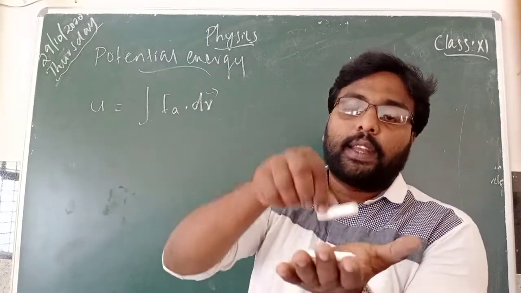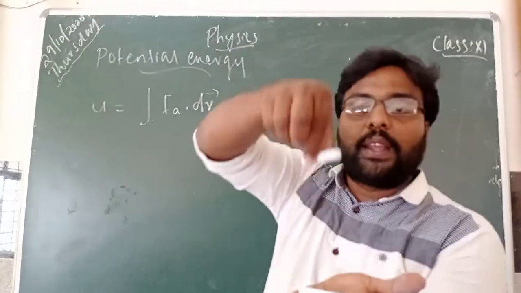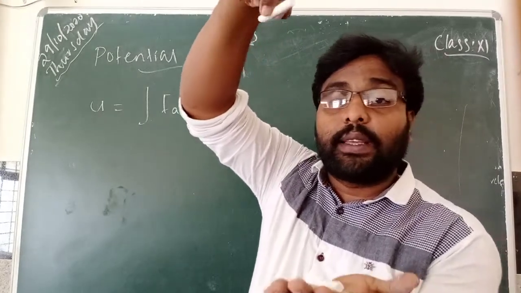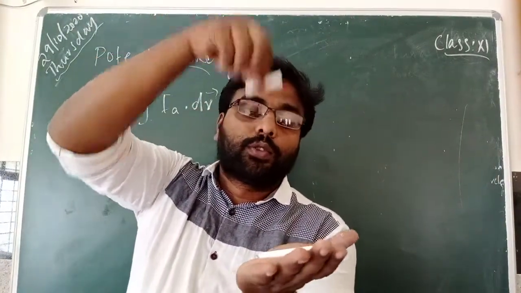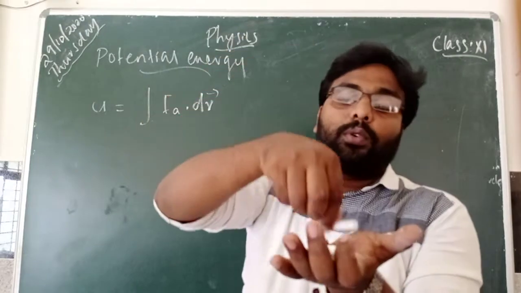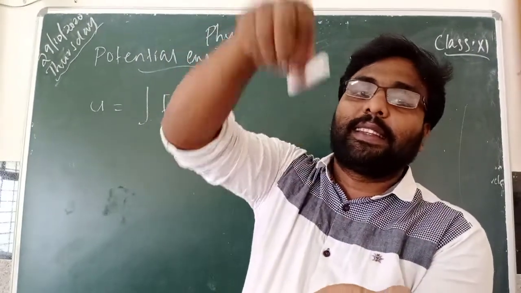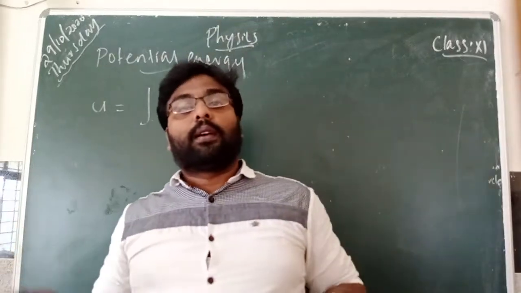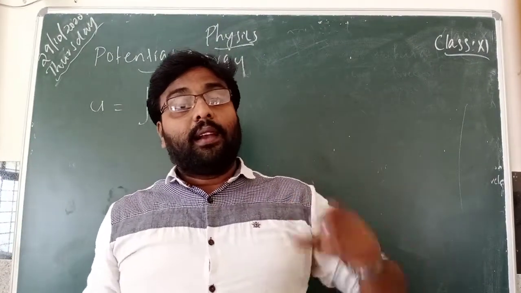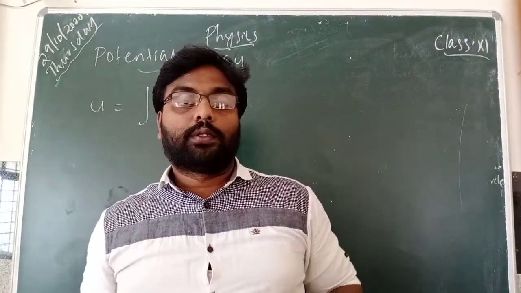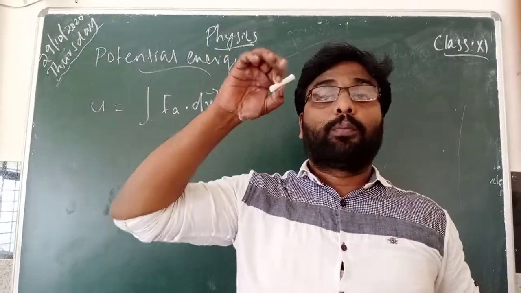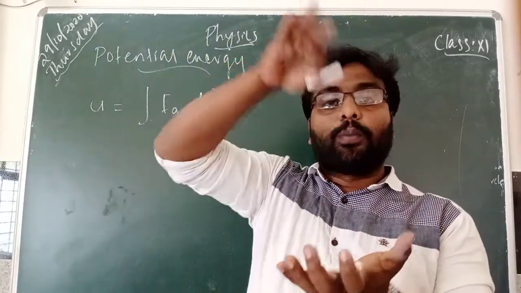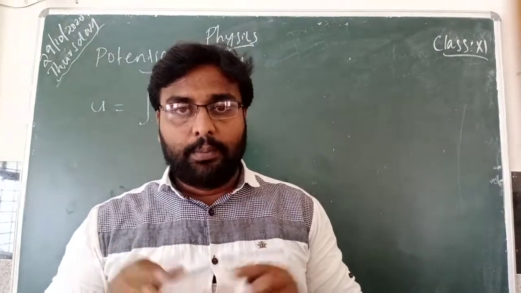Against this gravitational force, we are lifting this object upward by using an external force. Due to that force, there is some acceleration upward, and downward there is the gravitational force. So we can tell it possesses gravitational potential energy.